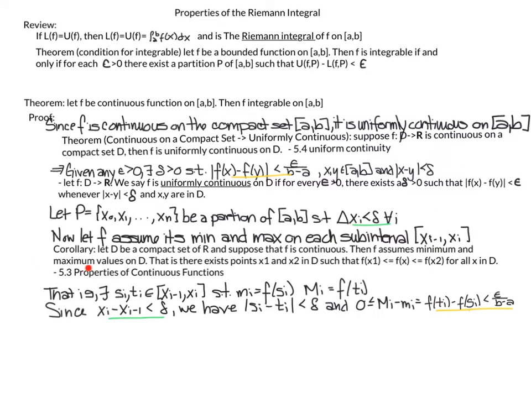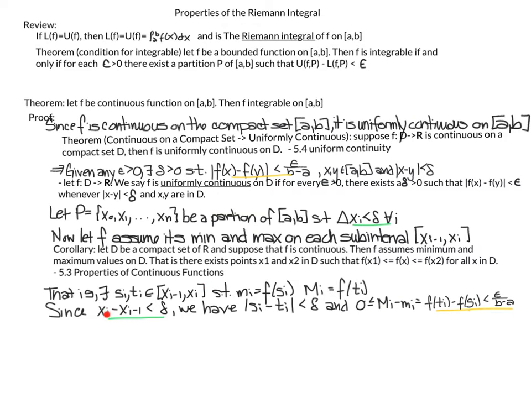So now we let f assume its min and max value on each subinterval, and we know that this is always the case because the domain is a compact set and f is continuous, so f assumes a min and max value on the domain. So what that tells us is there is an s sub i and a t sub i in each interval such that f of s sub i is the infimum and f of t sub i is the supremum of the interval.